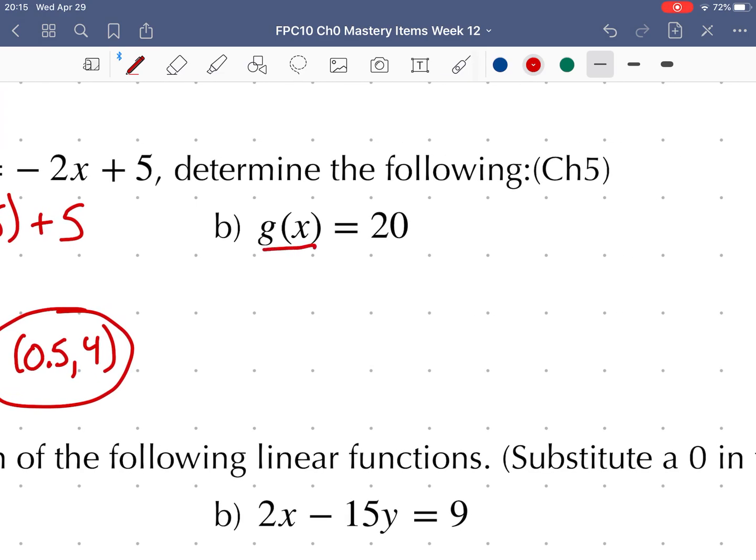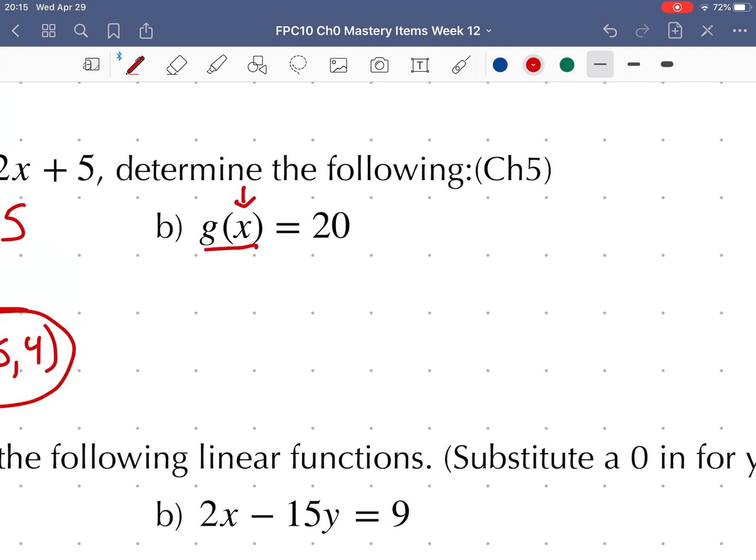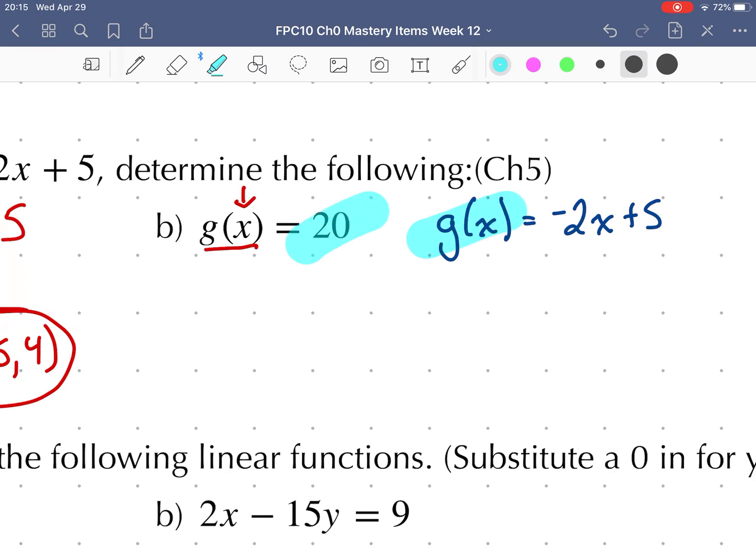Now in the second one, we know the value of the function. We want to figure out what x value will give us that. So I'm going to write out my function here. g of x is equal to negative 2x plus 5. Now, I can take this g of x and replace it with 20, because that's what g of x equals.